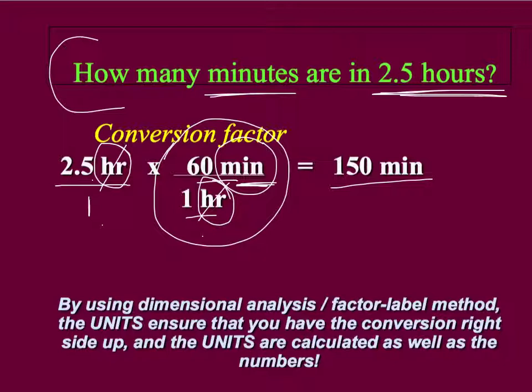By using dimensional analysis, which is also sometimes called the factor label method, the units are ensuring that you have the conversion right side up. That's why we put the hours on the bottom. And the units are calculated as well as the numbers. So it's really important in dimensional analysis that everything you write has to have a number and a unit both together.